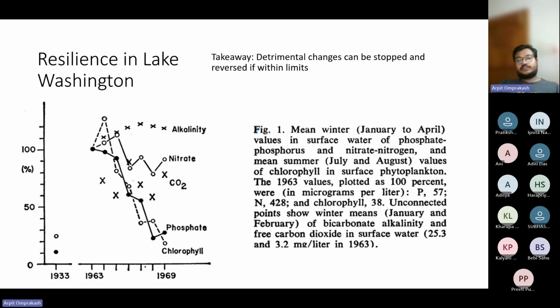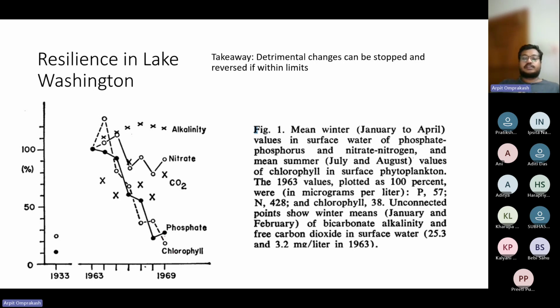But after the sewage treatment was done and they stopped adding the sewage, slowly these numbers decreased and came back almost close to the initial values. Right. So what this basically tells us is that chlorophyll indicates the amount of algae that is there. So when sewage was being added, the amount of algae was quite high, but slowly it decreased.